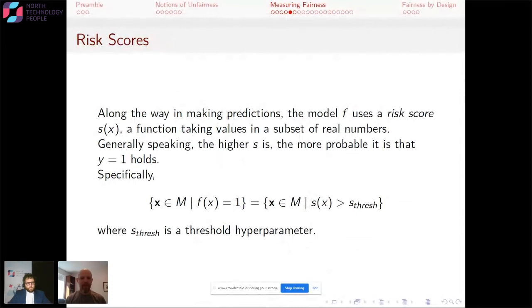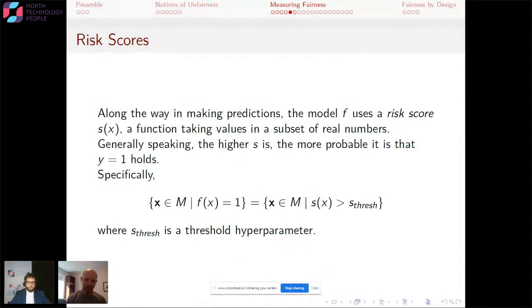Okay. Along the way, most models don't just output 0 or 1. They have some internal risk score. I'm using the term risk score because a lot of the time we use that in loans and banking, but really this is just a score. In this case, we're going to assume higher scores are favorable, so it's not really a risk score.